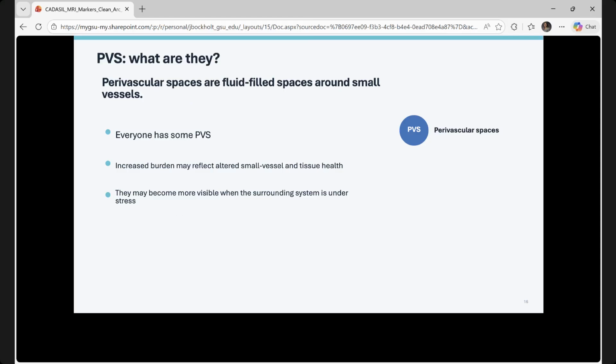What you want to do instead is count them, localize them, and measure the size, or at least the amount of each one in relation to all the others. We do know that they become more visible or more enlarged when the brain is under stress.